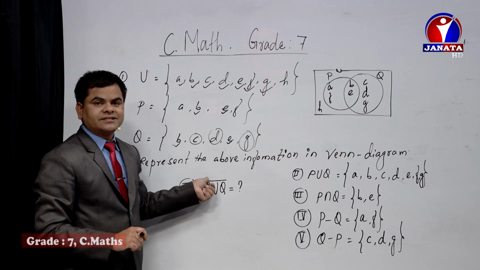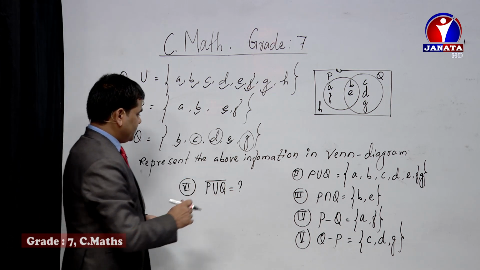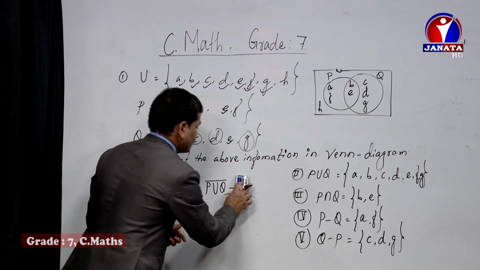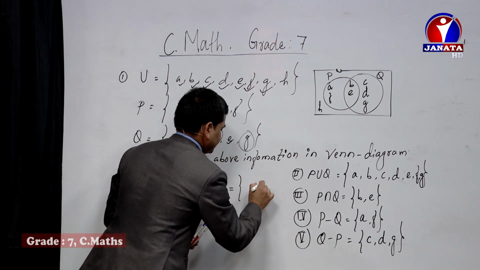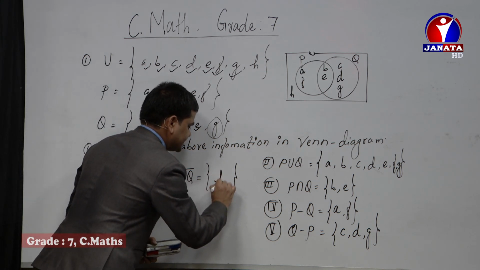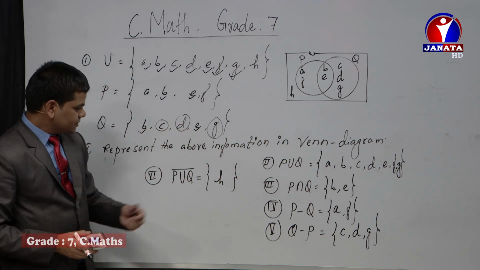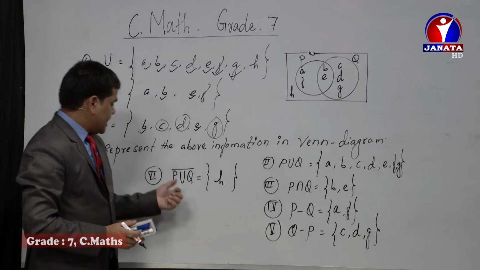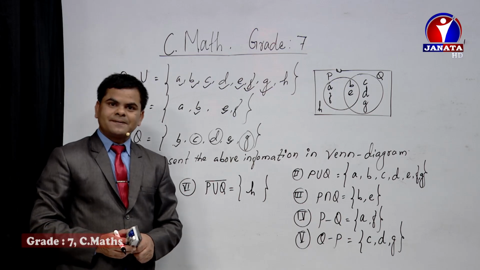This sign is known as the complement sign. So P union Q complement, if we need to take it out, there is only one element, H, isn't it? So H will be the answer of P union Q complement.